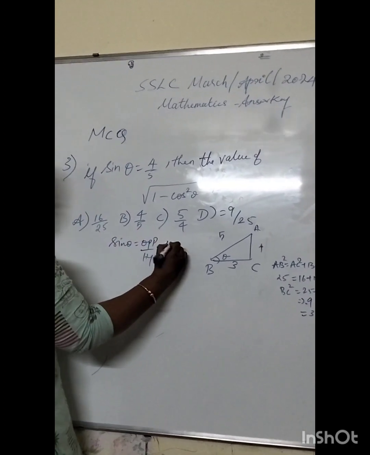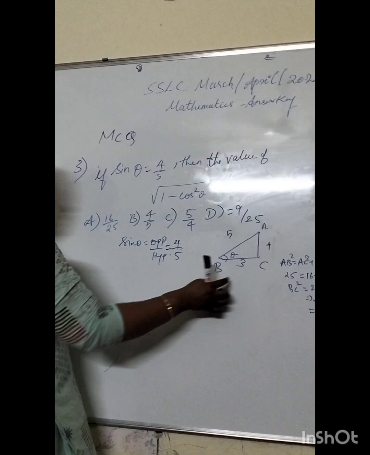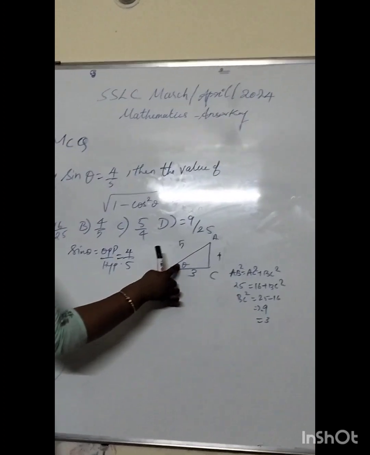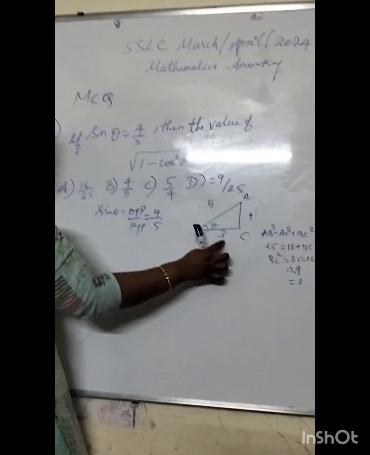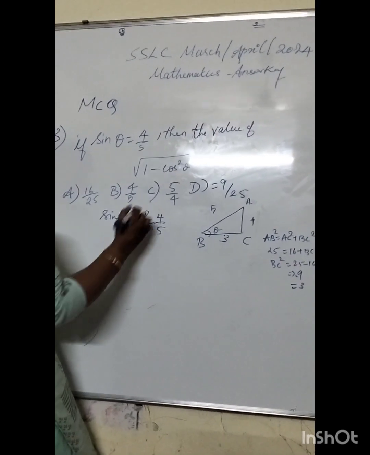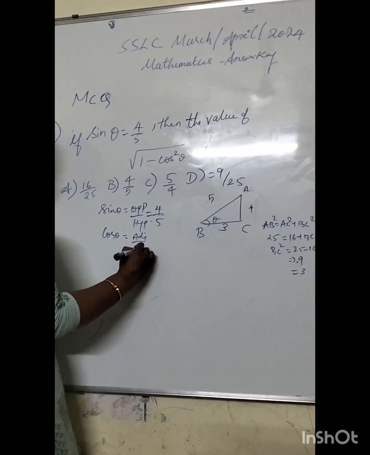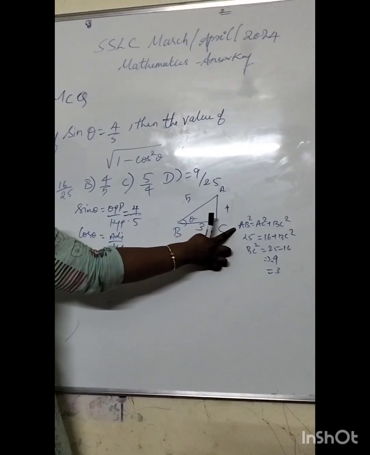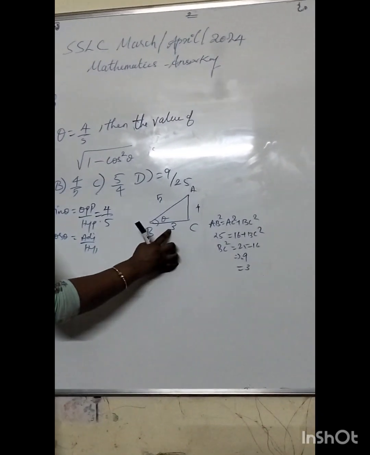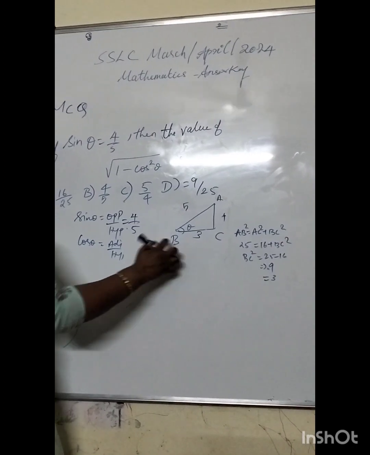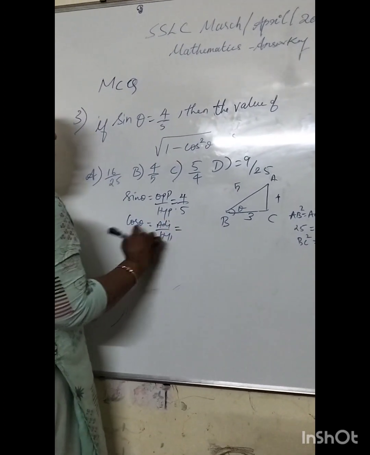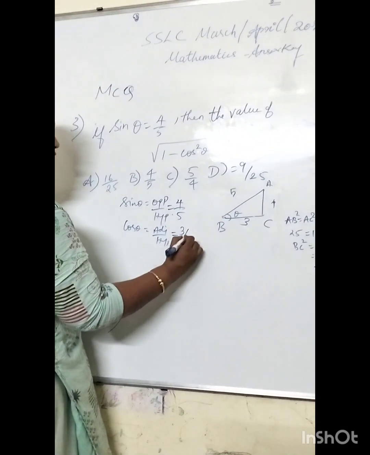The opposite value is 4 and the hypotenuse value is 5. We need to find the adjacent side because cos is adjacent by hypotenuse. Applying the Pythagoras theorem, the adjacent side is 3. So cos theta becomes 3 by 5.